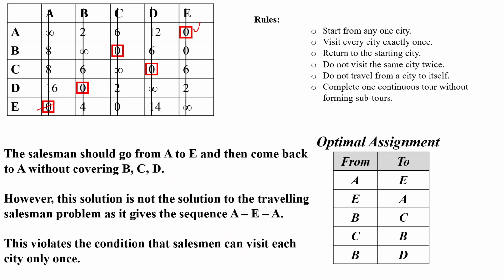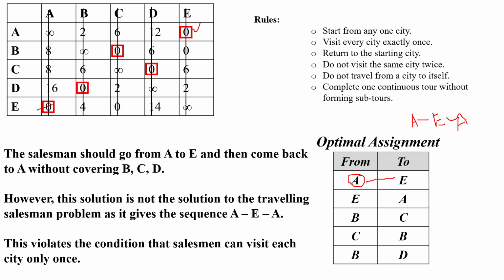So here observe that the traveling salesman first started from city A, then he reached city E, then once again he reached from E to A. So A, E, A. He started from city A and reached city A, but he has not covered the remaining cities B, C, D. So the salesman goes from A to E and then comes back to A without covering the cities B, C, D. In this regard, this is not a solution to the traveling salesman problem, as it gives the sequence AEA.